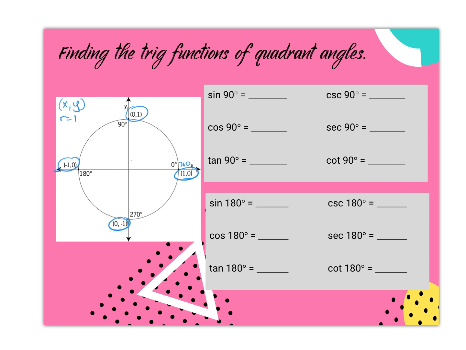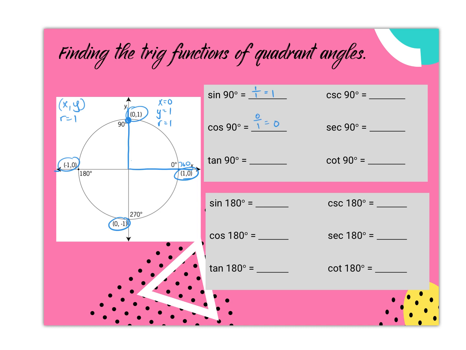So sine of 90 degrees. A 90-degree angle would have its terminal side here, which means we're talking about 0, 1. So x would be 0, y would be 1, and r is always 1. Your sine is y over r, so 1 over 1, or just 1. Your cosine is x over r, which is 0 over 1, which is 0.